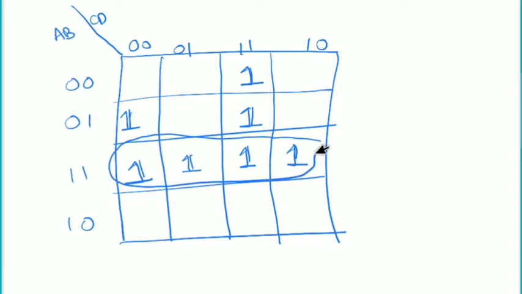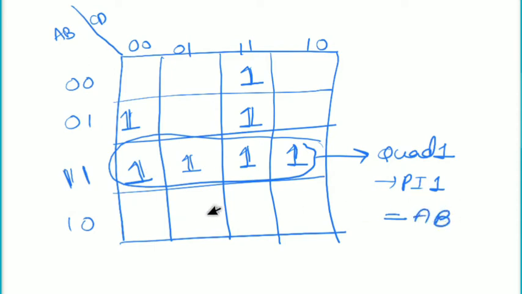So this one is making a quad, which is the first one, quad 1, prime implicant 1, and the value is, because it is maintaining all the columns, the C D variables are changing from 0, 0 through all the possibilities. That means you need not write C D, only write down this particular row, that is 1, 1, A, B, right.